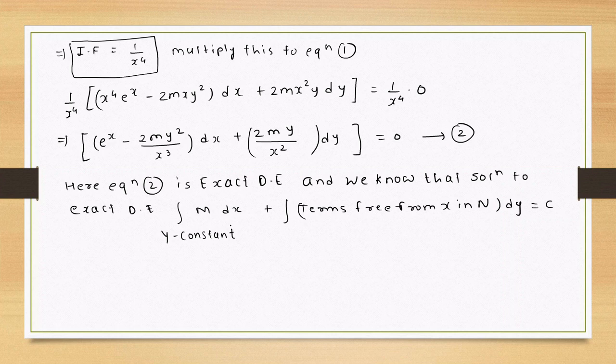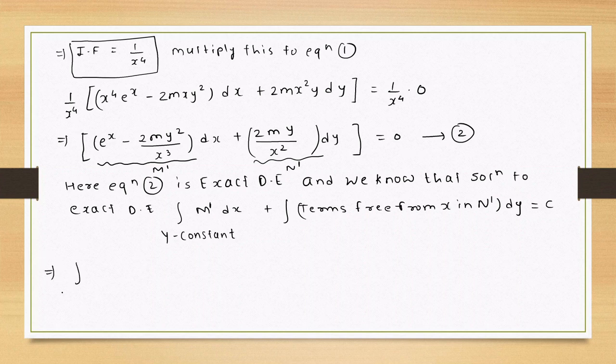Now, look at here. Equation number 2 is exact. That means we have to consider an M dash and N dash, where this is our M dash and this is our N dash, right? Because we have already considered M and N in equation number 1, which is not exact. And this is the solution of the exact differential equation. So for equation number 2, which is an exact differential equation, M dash is this and N dash is this. Okay.